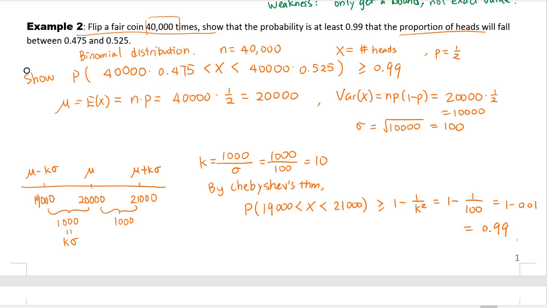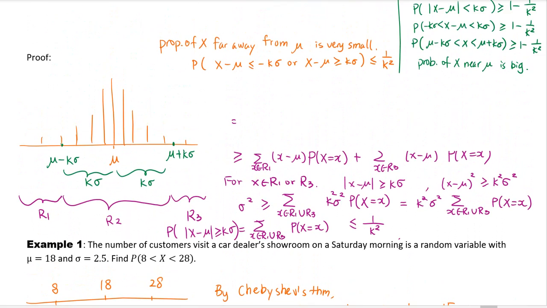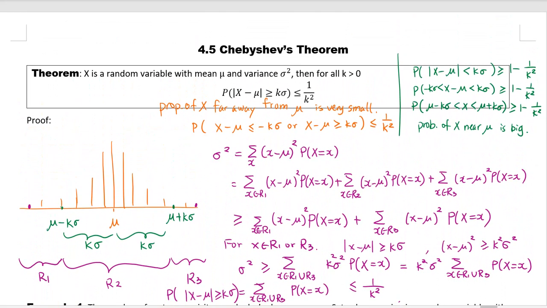How large? Greater than or equal to 1 minus 1 over k squared. And the probability of x far away from the mean is small. How small? Less than or equal to 1 over k squared. So keep those two concepts in mind.